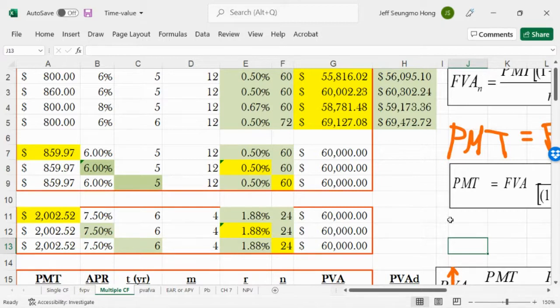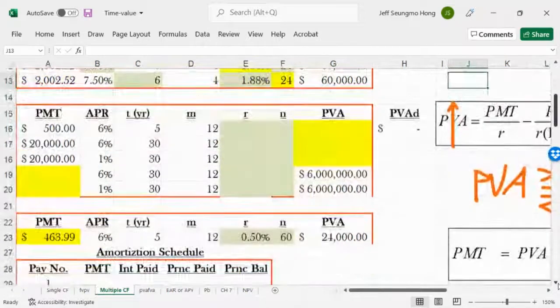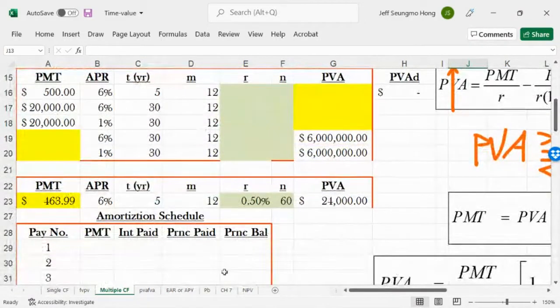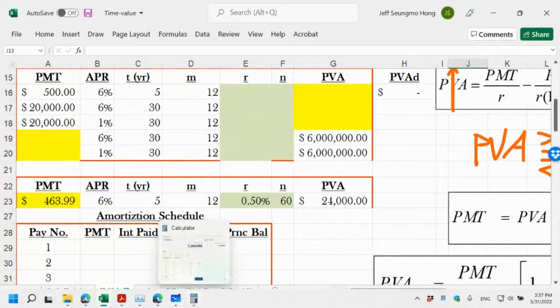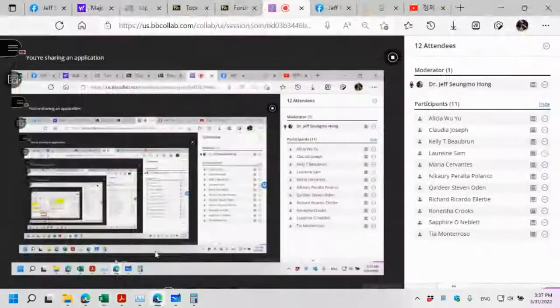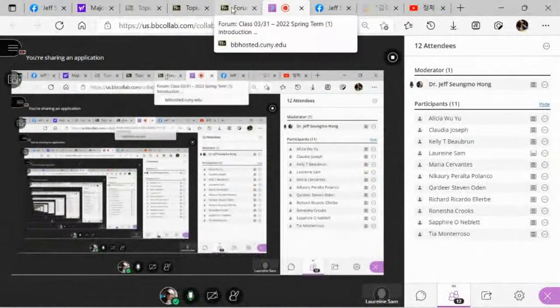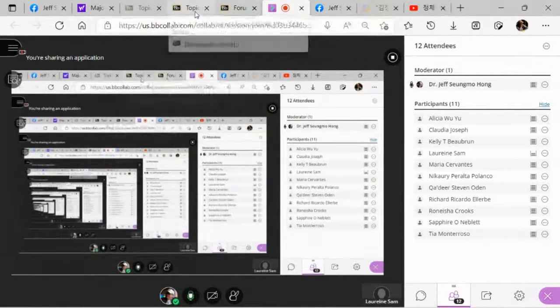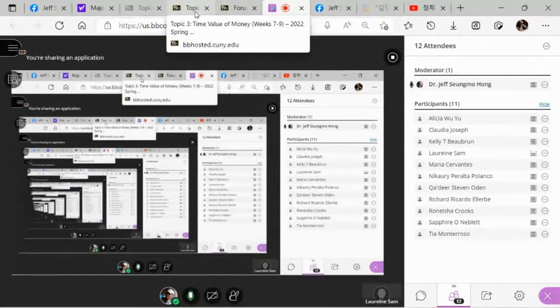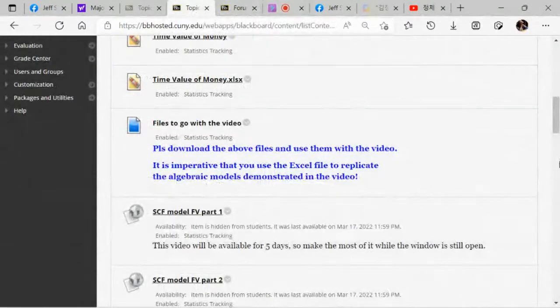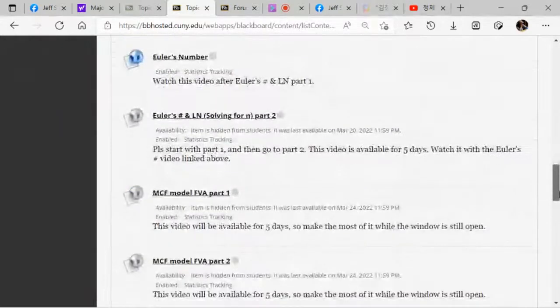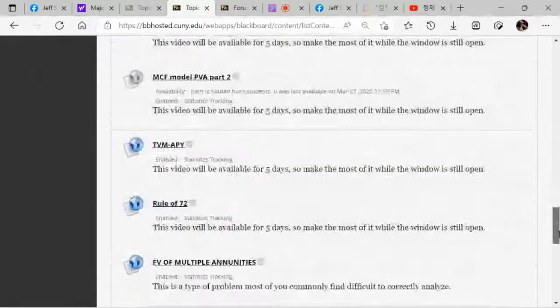Although we haven't covered present value of annuities yet in the Collaborate session, the Collaborate session is not the main lecture, it's just the review and reflection. So by the main lecture, you should have already covered all of these.